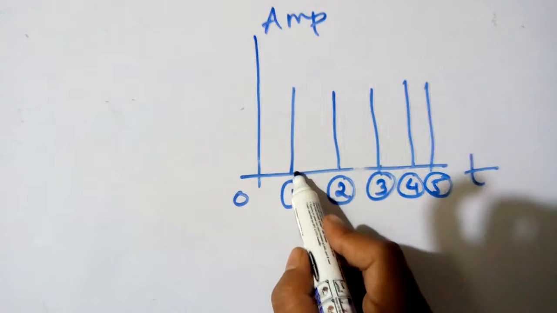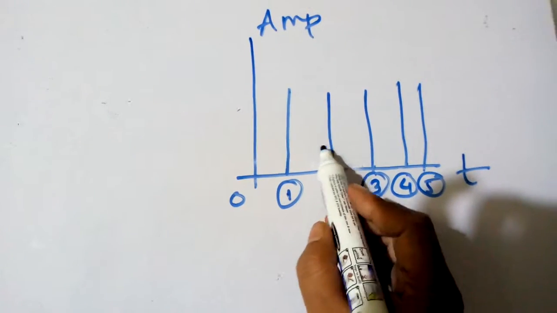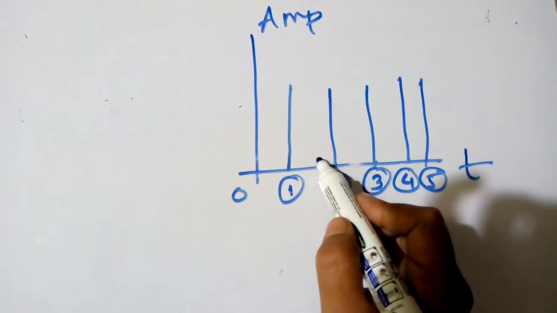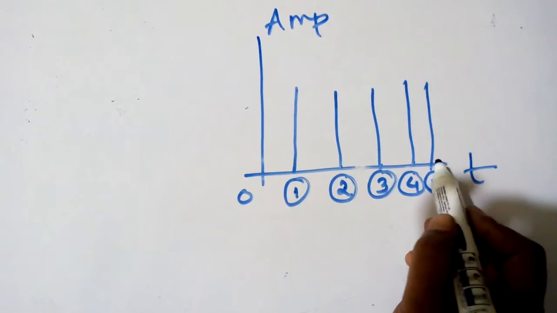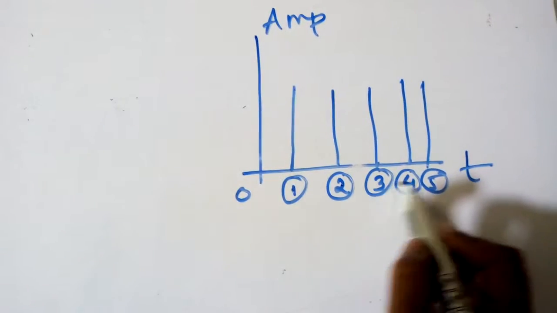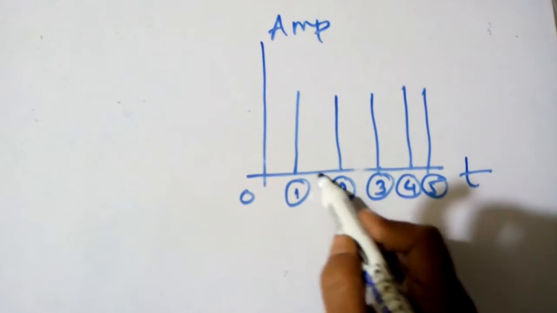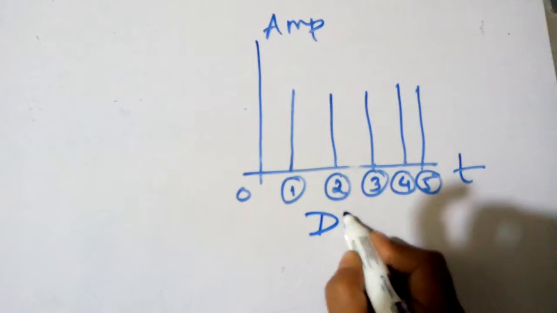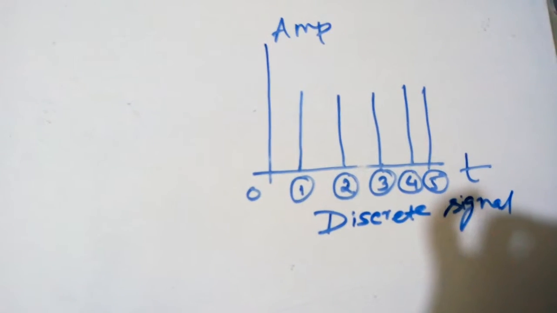So we see that at point number 1 and at point number 2 the signal exists, but in the gap between them the signal is absent. Clear? That means for every point of t we do not get a signal. For some particular points we get a signal, and in other places the signal is absent. This type of signal is called a discrete signal. Clear? Discrete signal.